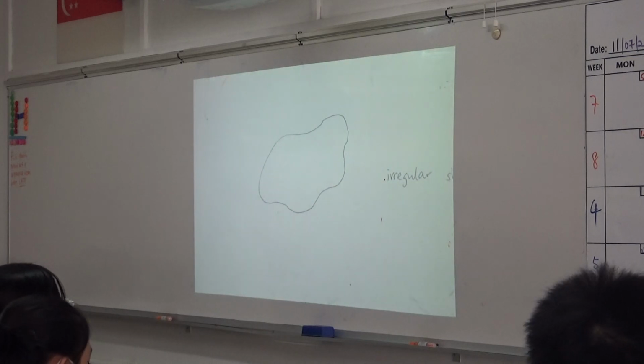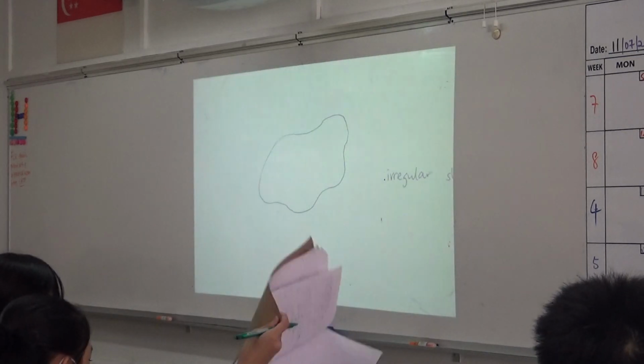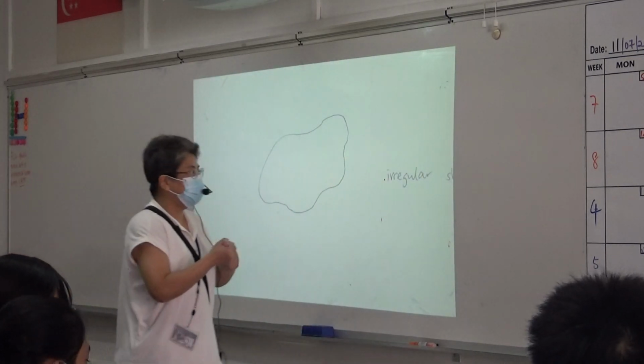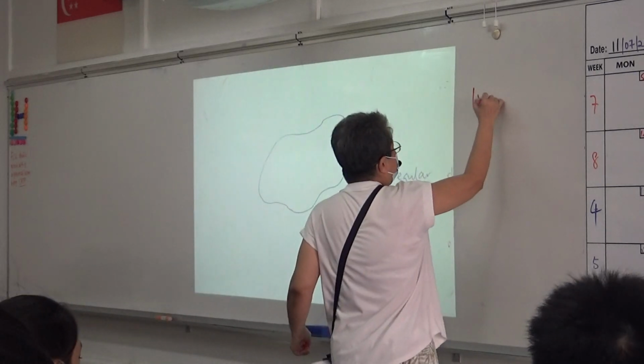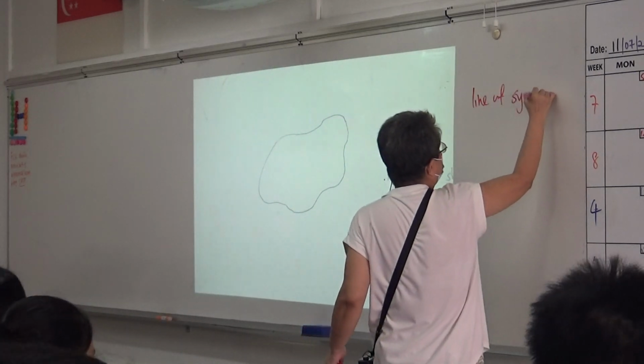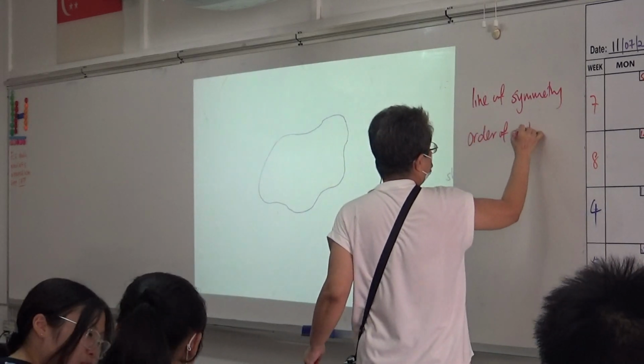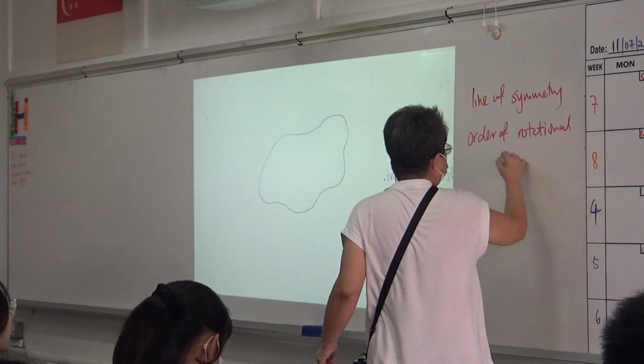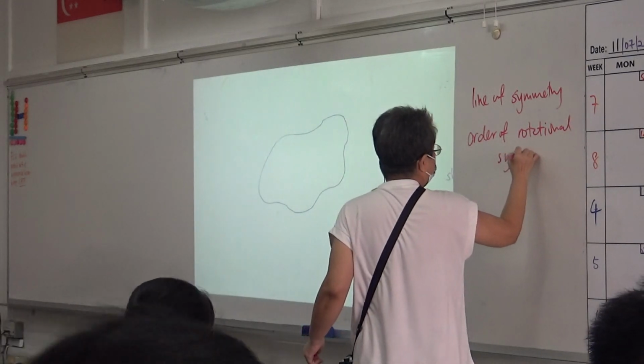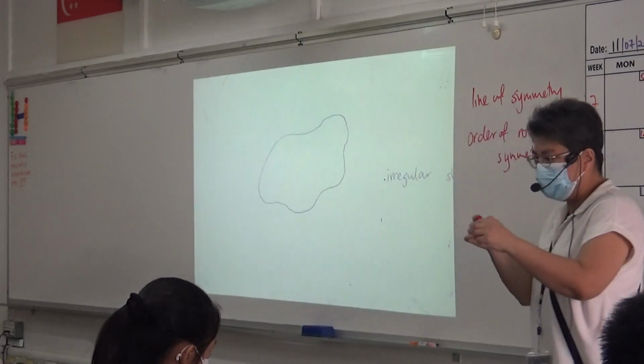Now, we are going to learn about 2 things. Now, as I said, these 2 are just for your information. I want to talk about line of symmetry and order of rotational symmetry. Now, what's line of symmetry?